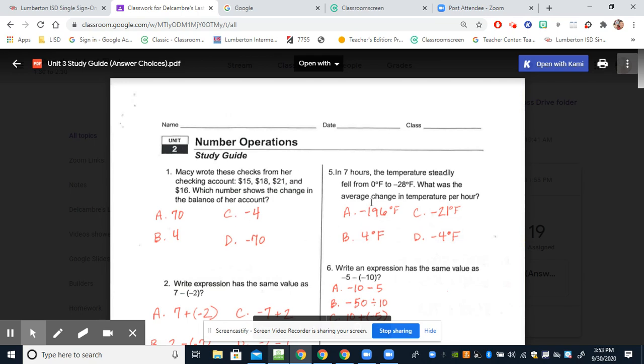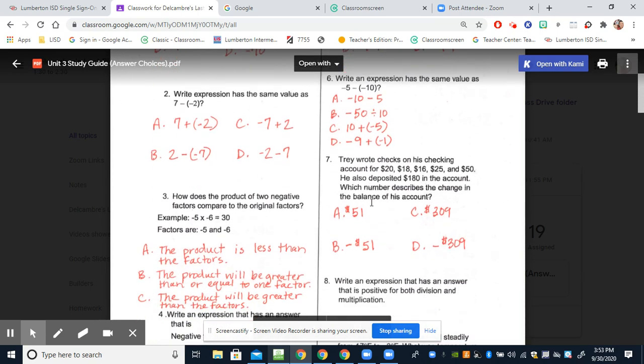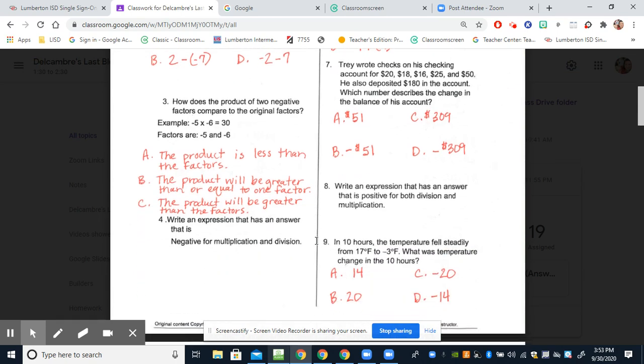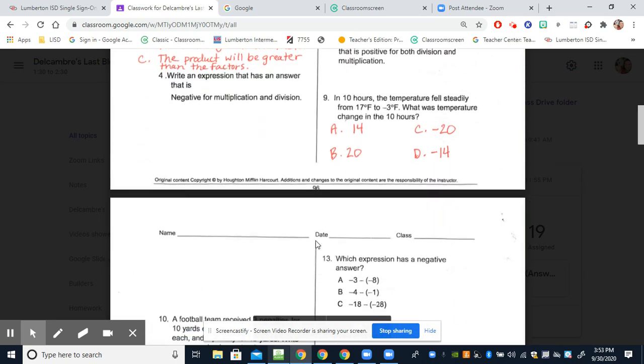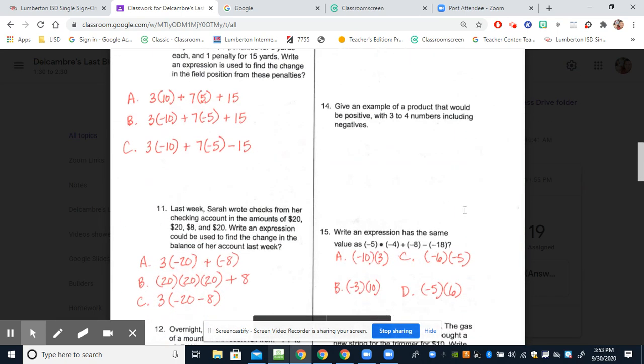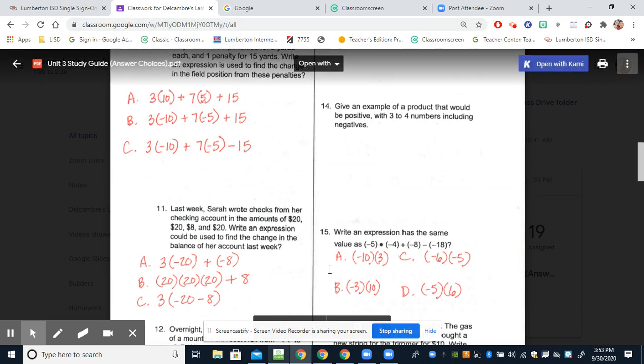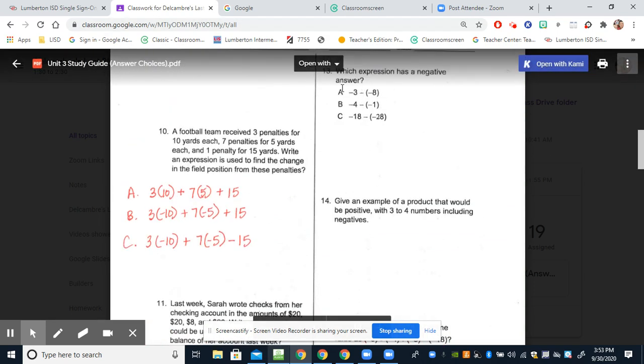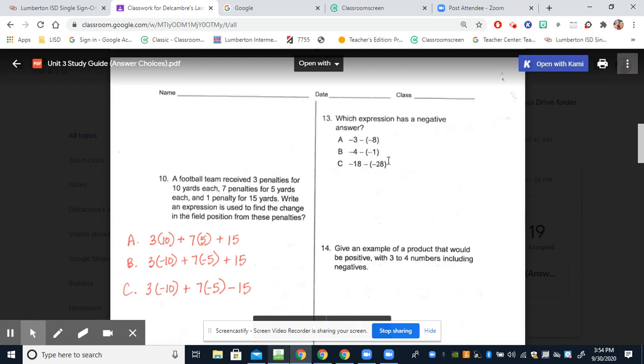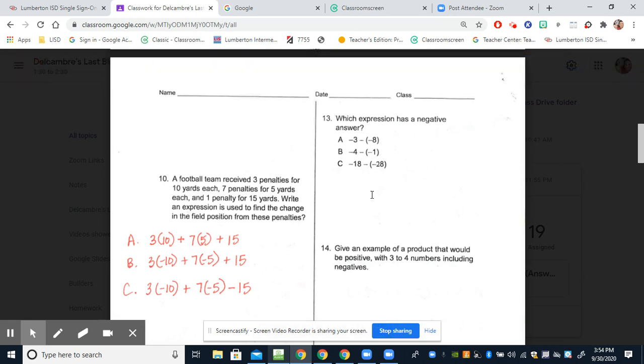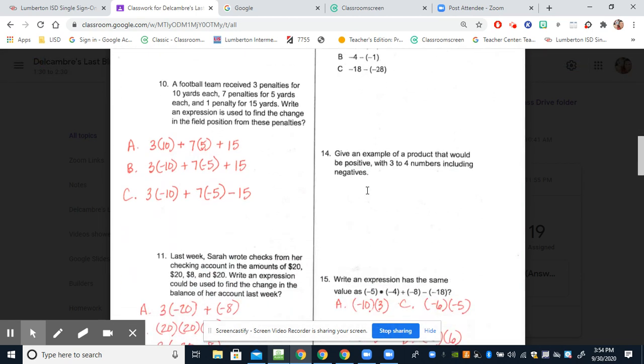You'll see I've given you answer choices so that you at least attempt to look at it and do some eliminating of the answers you know it's not going to be. Okay? So you have several choices. However, for this one, which expression is negative, you have to solve those three and figure out which one's going to give me the negative.